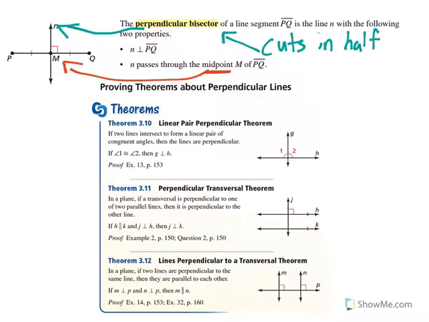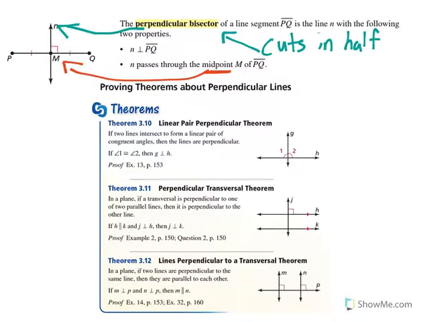Here we have M is going to be the midpoint of PQ. It's the halfway portion. Then we also have some of these theorems that apply to perpendicular lines, several of them. A lot of times, remember, theorems can be things that we prove, or they're just things that we can agree on that they're true. So when we look at this theorem, we have the linear pair perpendicular theorem.